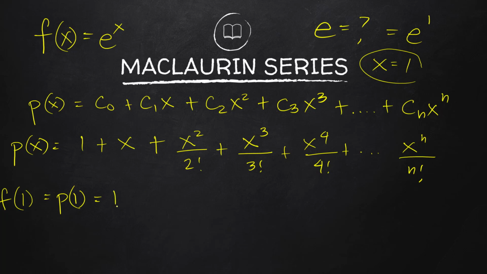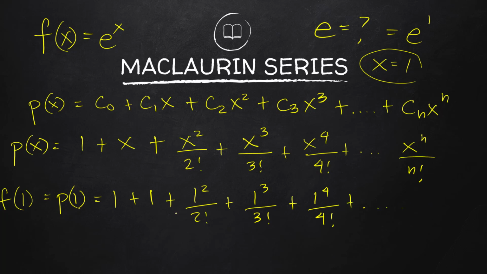This will be 1 plus 1 plus 1 squared over 2 factorial plus 1 raised to 3 over 3 factorial plus 1 raised to 4 over 4 factorial, and so on and so forth.